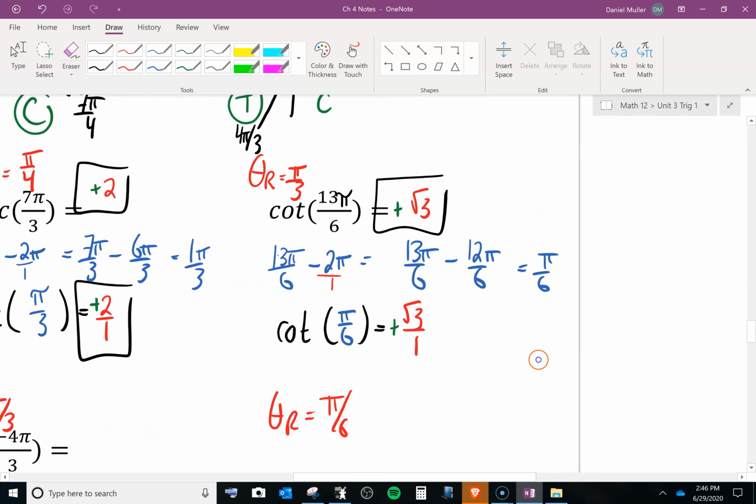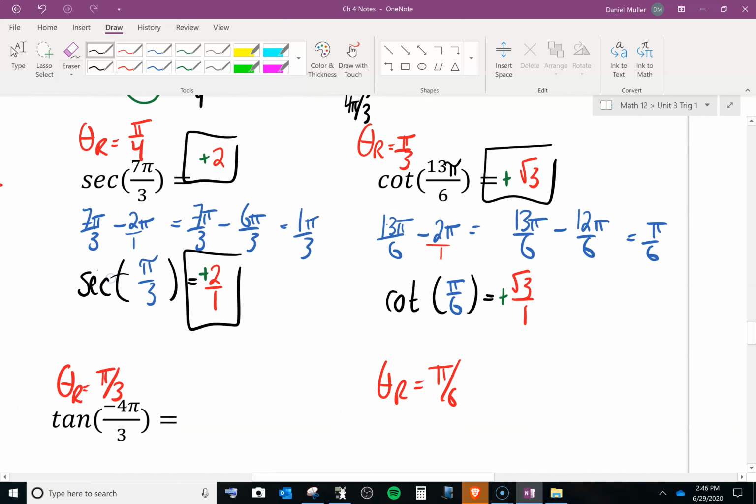So hopefully you can understand what I did there. I realized that both of these were past, so I subtracted 2 pi. And I did that, and I ended up getting 6 pi over 3 or 12 pi over 6. And in any case, I ended up getting just a number that was right on the chart. So I just read it off the chart. So I went secant of pi over 3, read it off the chart.